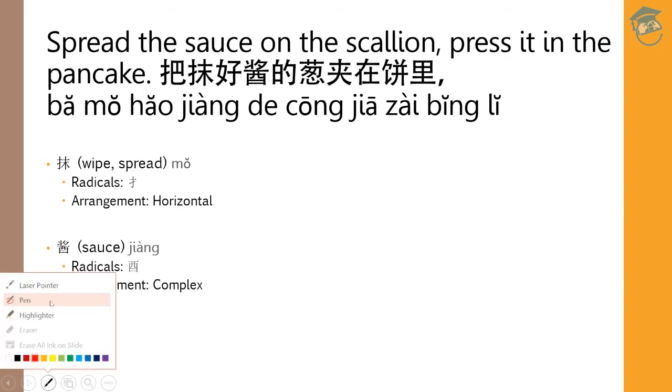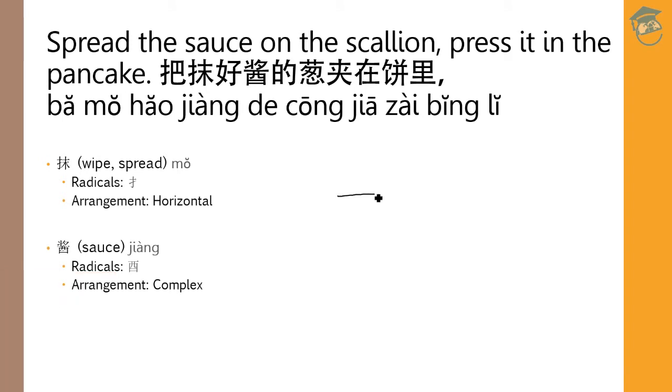Let's look at how to write 磨. 1, 2, 3, 4, 5, 6, 7, 8. 8 strokes for this word. Take a closer look at this word, because the first horizontal stroke here is longer than the next.